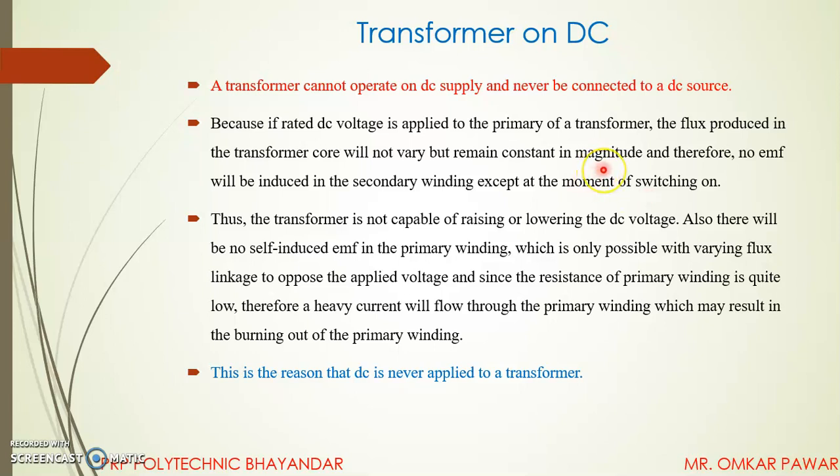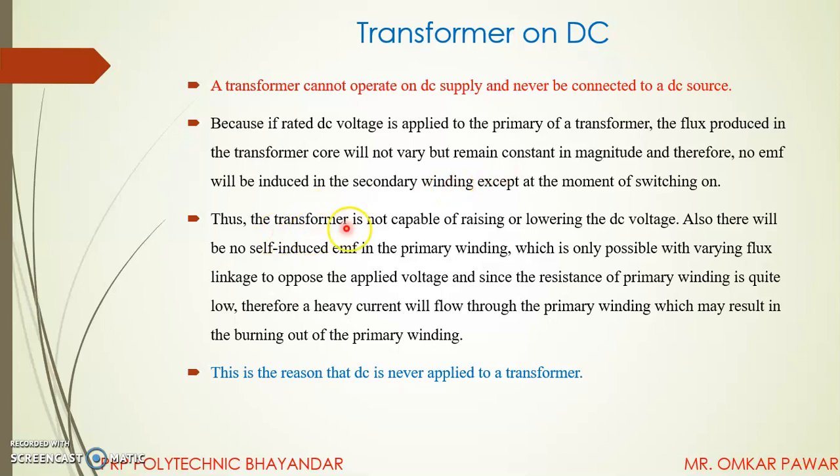But in this case, the DC supply is constant in magnitude, that is, the flux is constant, and the conductor wound on the transformer core is also not moving. So both are in a steady position, which does not fulfill the law of electromagnetic induction.